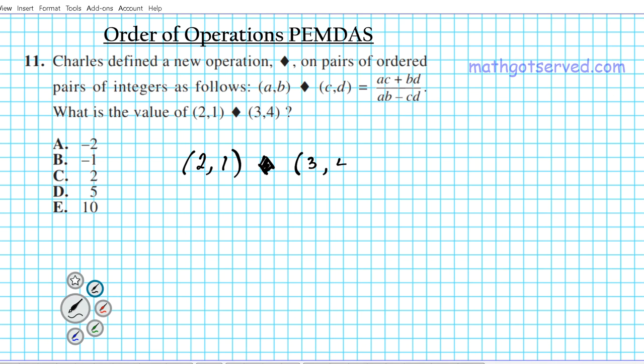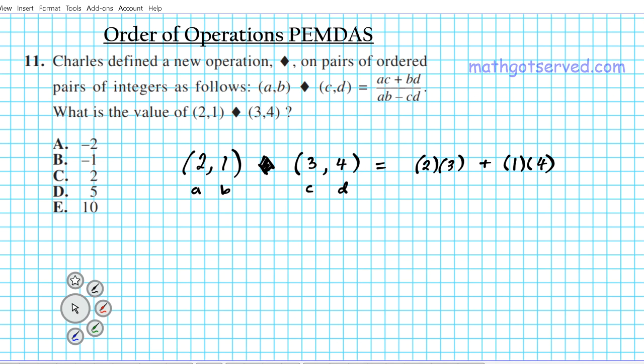The first ordered pair is assigned A and B, and the second is assigned C and D. Applying the operation, we multiply AC, which is 2 times 3, plus BD, which is 1 times 4.